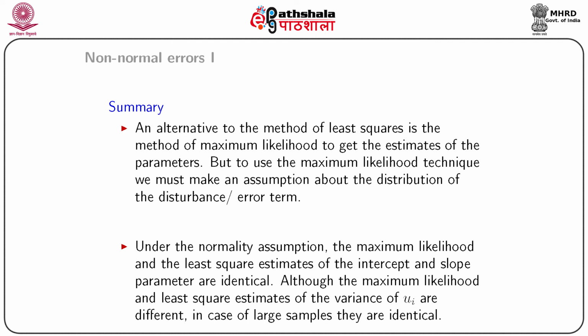So, under the normality assumption, because we have a concrete distribution for these errors, the maximum likelihood and the least square estimates can both be used, and the estimates in both cases for the intercept and the slope parameter are identical. Although the maximum likelihood and the least square estimates of the variance of the error terms are different, in case of large samples, they are again identical.